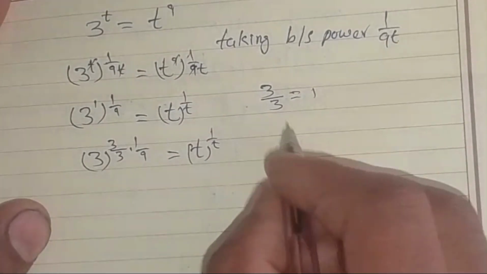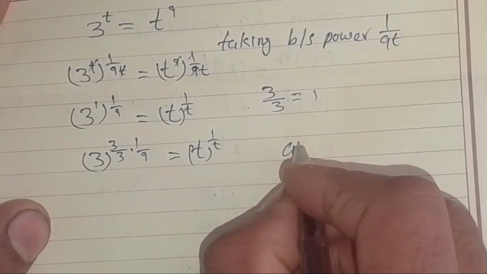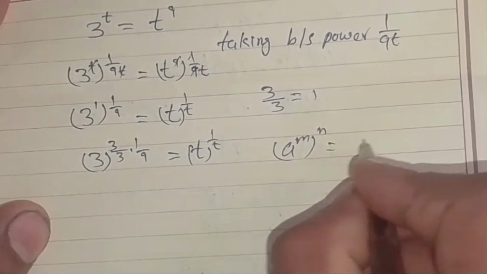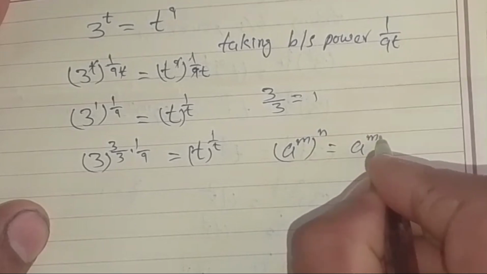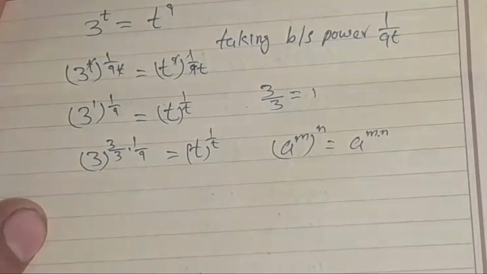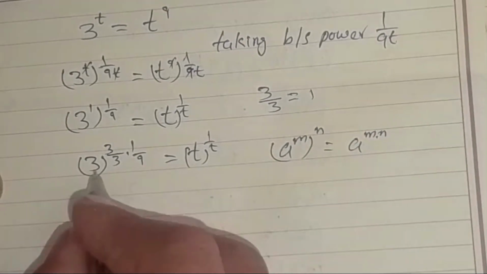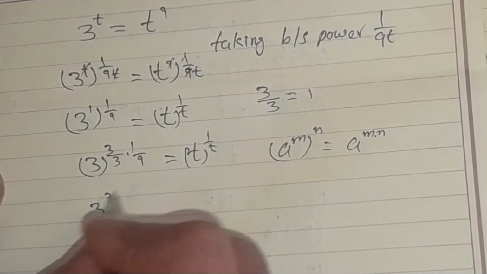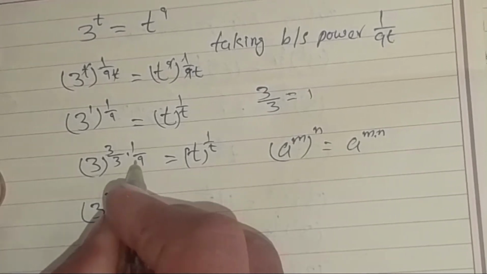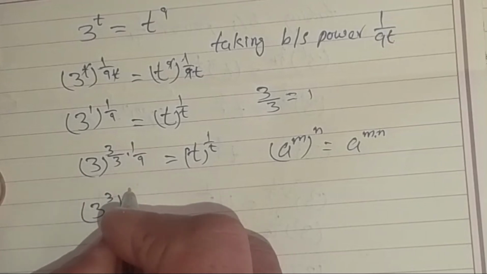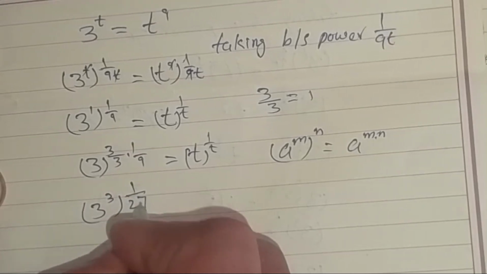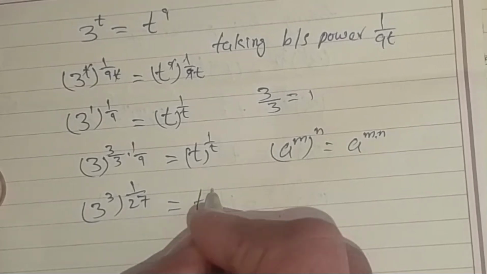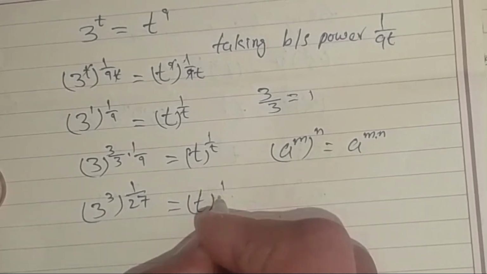Because here a power of m power of n is equal to a power of mn. Now they give us 3 power of 3, and here 3 times 9 gives us 1 over 27, equal to t power of 1 over t.